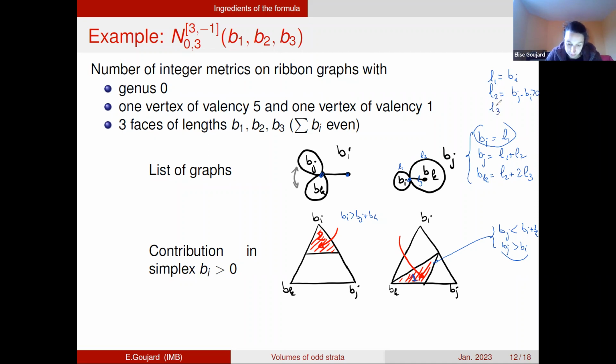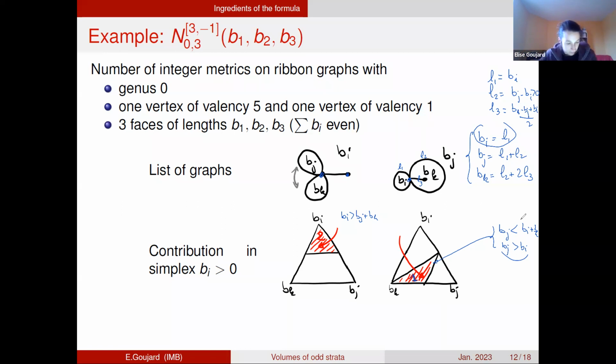And L3 is Bk minus L2, so minus Bj plus Bi over 2, and you still need this to be positive. So this gives you this other chamber, right? So yeah, it's painful to do this computation for more complicated examples, but you can do it by hand for small examples like this. Why not?